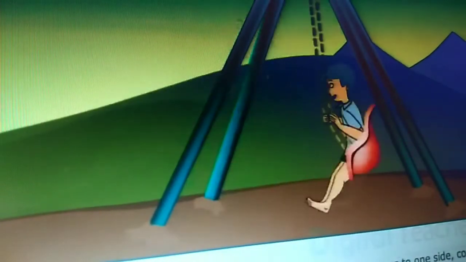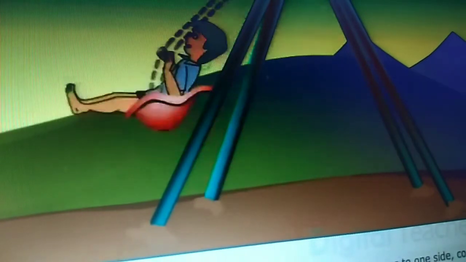Let us study about the oscillatory motion. We must all have had a chance of having played on a swing. The swing goes to one side, comes back to its mean position and then goes to the other side, and this process is repeated many times.